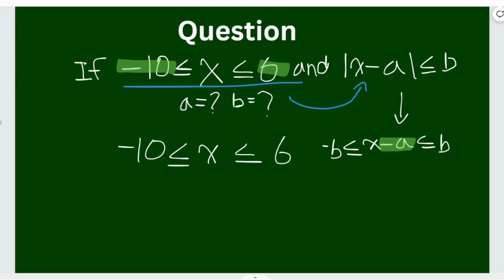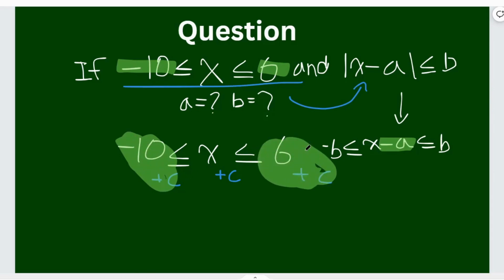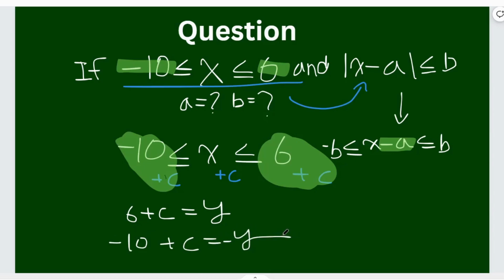In the same way, here we need to add some number to each side such that this side is only going to be the negative of this side. So how do we do that? In this case, we'll set 6 plus c equals y, so that's the positive, and negative 10 plus c equals negative y. And then now you can solve your equation.